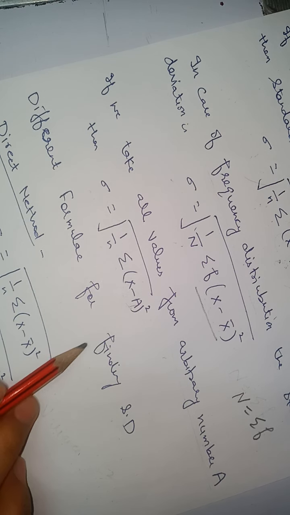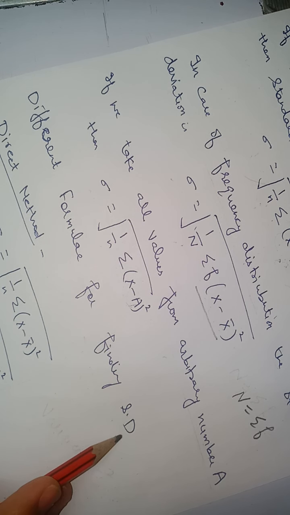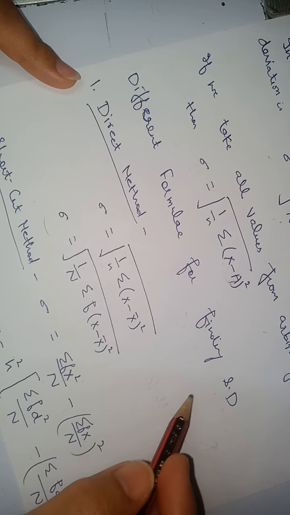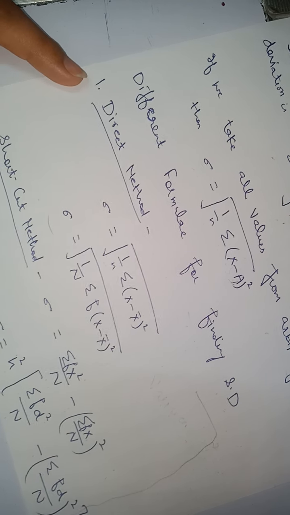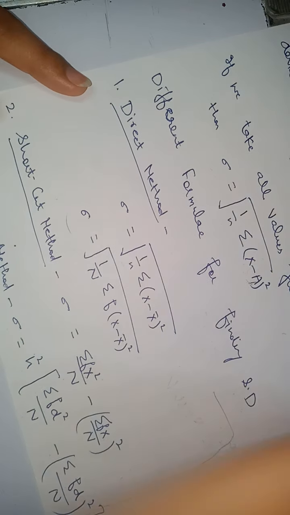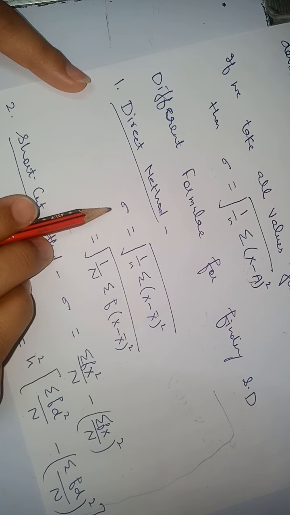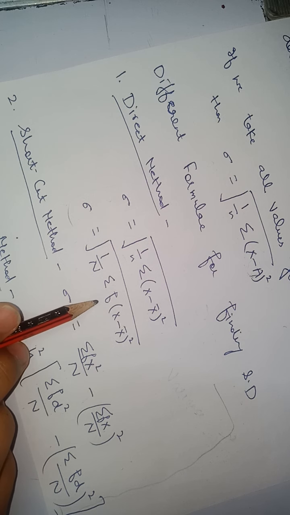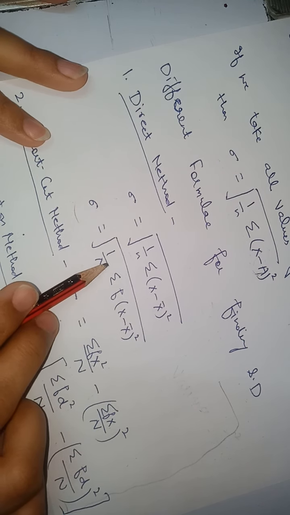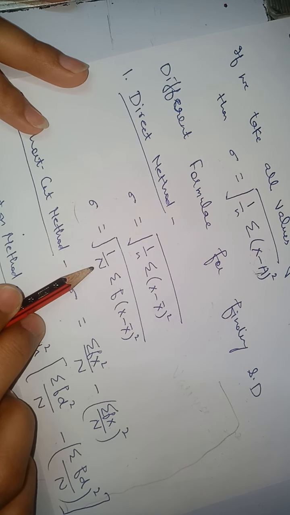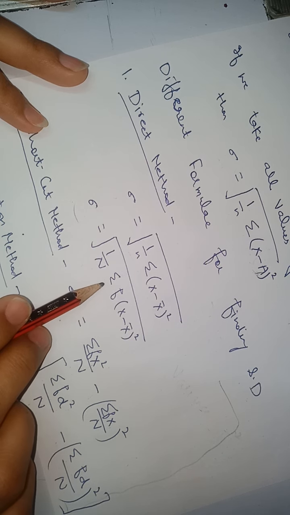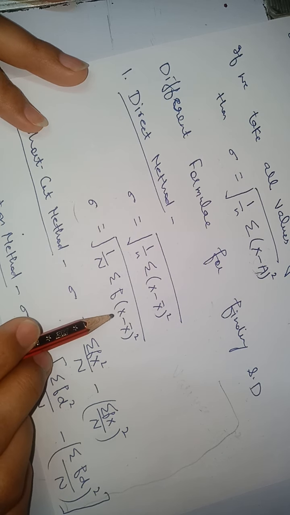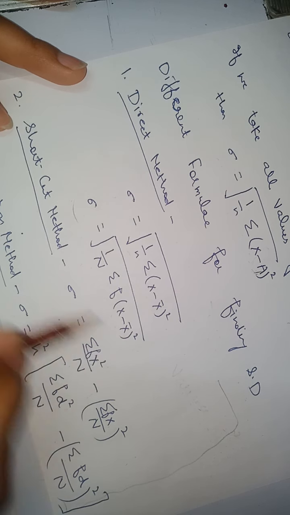So next, different formulas for finding standard deviation. Here we can choose any formula. First is the direct method, sigma equals the square root of 1 by n summation (x minus x bar) square. If frequency is given, then we take 1 by capital N, where capital N is the summation of f, times summation f (x minus x bar) square.